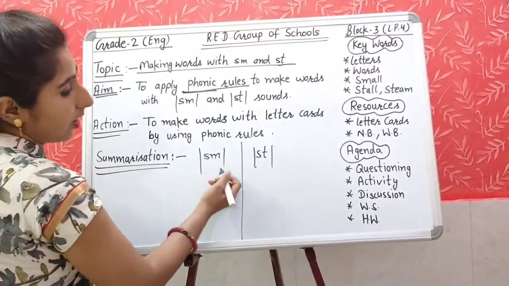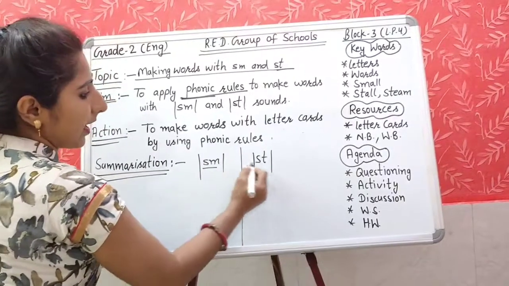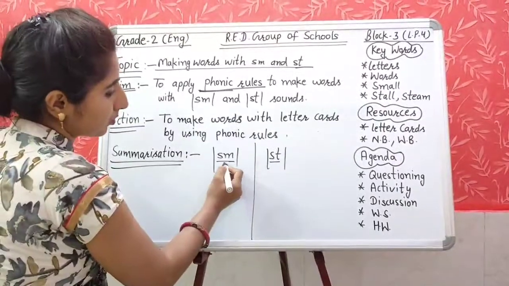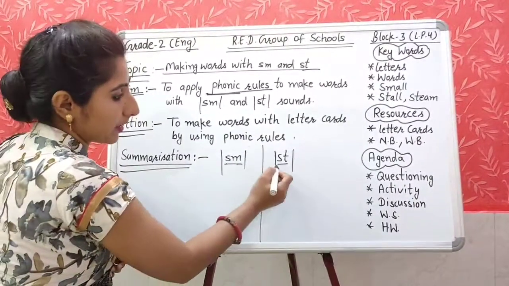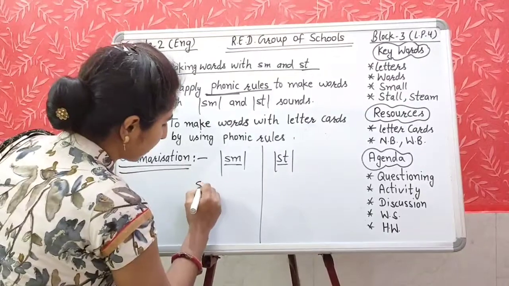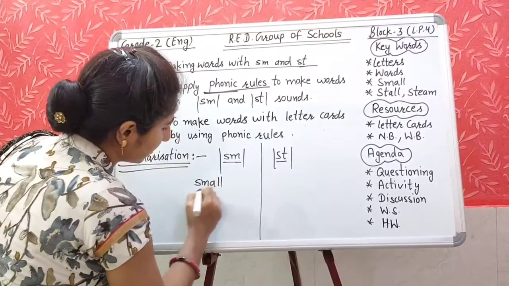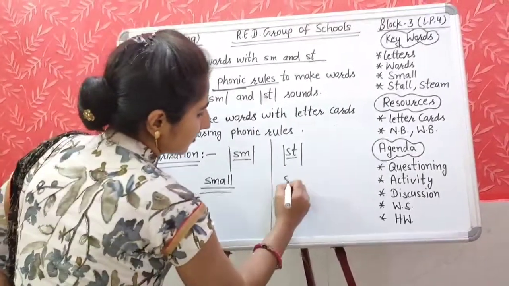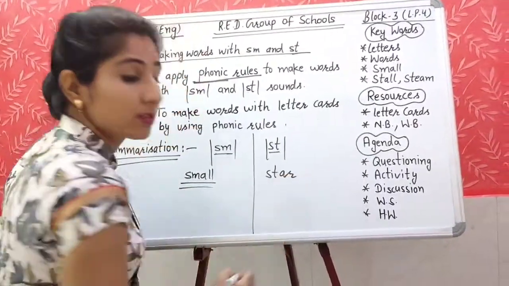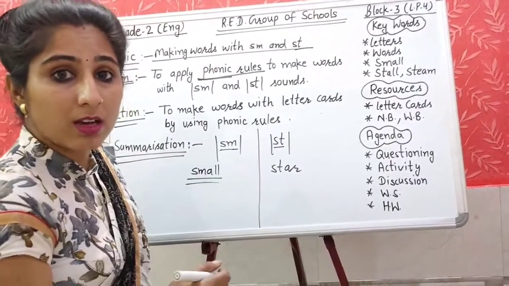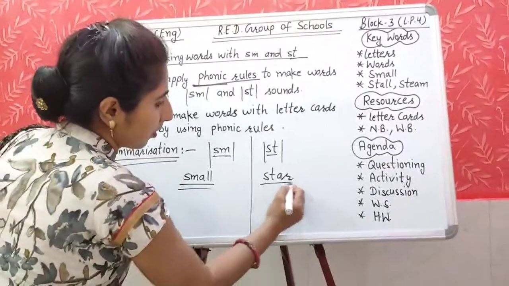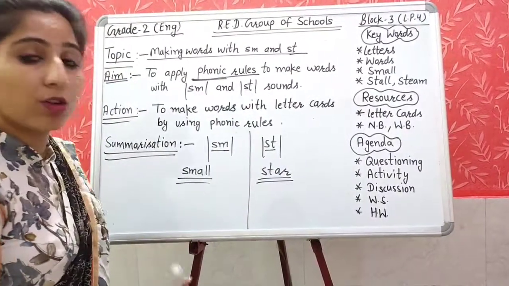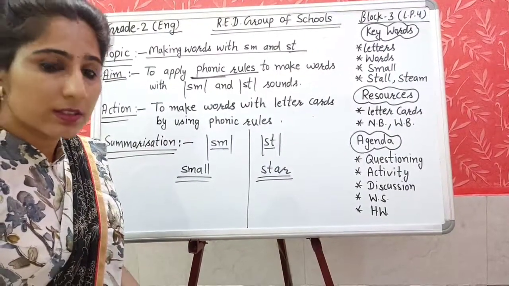We have learned how to make words by using SM and ST sounds. And we have used their sounds also, like these are SM and ST, these are blends. What will be the sound of this word? Small, small. Star, star. So we learned about the sound of these letters and how to make more words by using these blends.